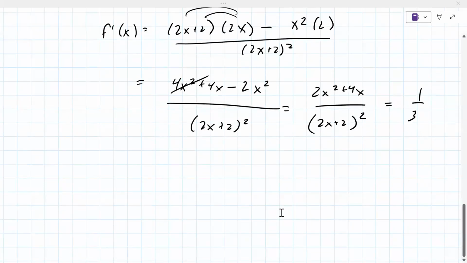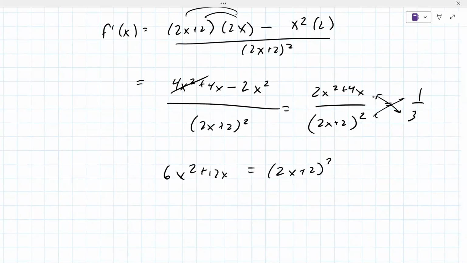So we can solve it from here by cross multiplying. So 6x squared plus 12x equals 2x plus 2 squared. And then you've got to get really fast at foiling this. 4x squared plus 8x plus 4.